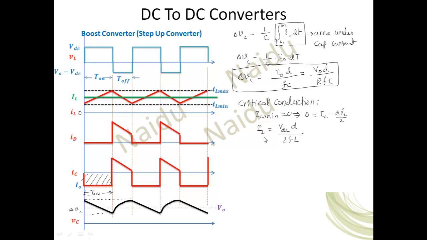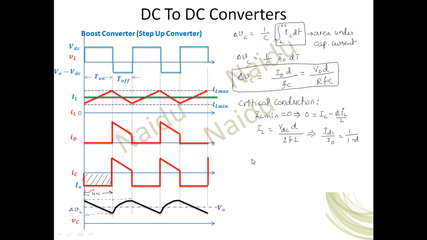And you can take this one further. What is the IL? IL is nothing but IDC. What is IDC from the previous slide? IDC by I average equal to 1 by 1 minus D. This is what we discussed.